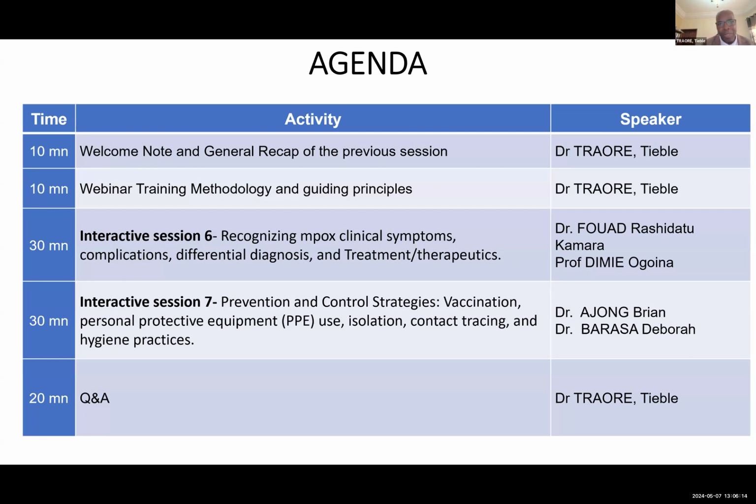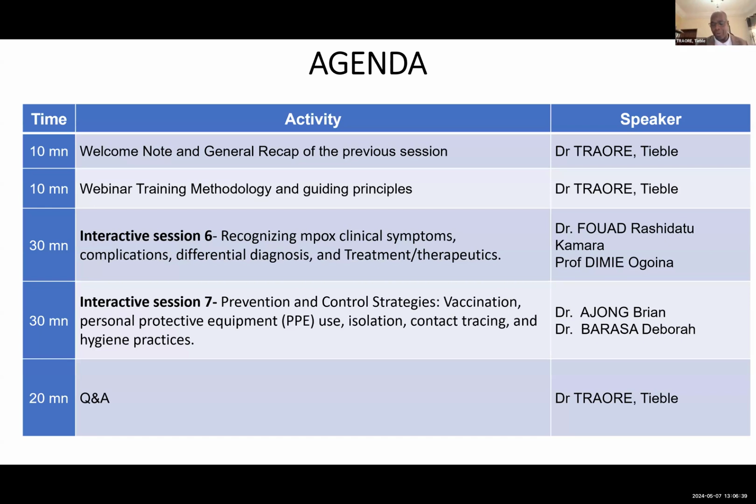Then the next topic will be the prevention and control strategy. Among the prevention methodologies, you have vaccination, an important tool, and how you need to protect yourself, protect the staff, protect family members, and prevent further spread. You will also hear about contact tracing, which was covered last session.